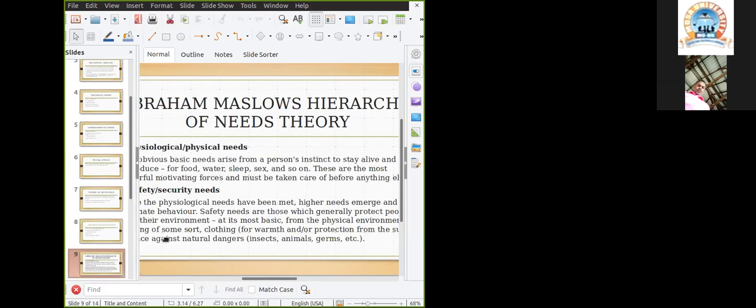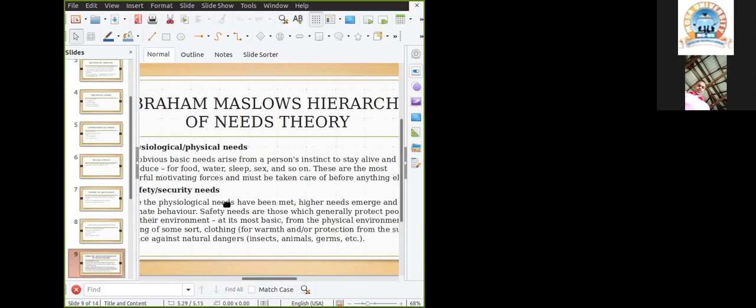Safety needs are those which are there for protection. Safety needs are those which generally protect people from their environment, such as, for instance, clothing. Maybe if you have a security guard, all those are examples of the security needs we're talking about.